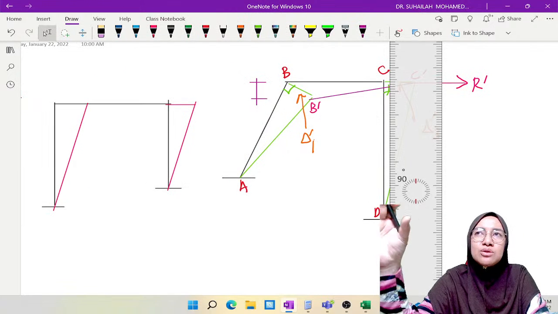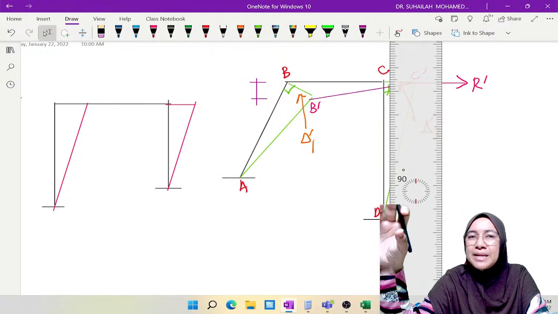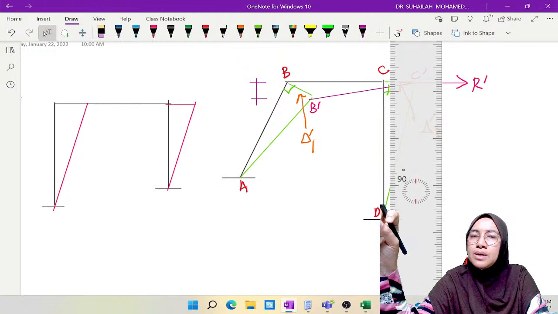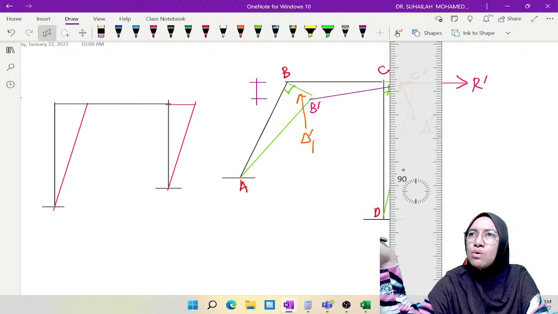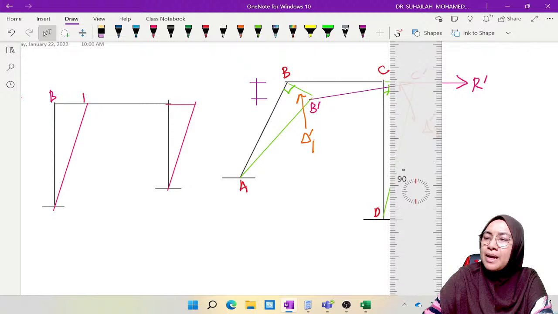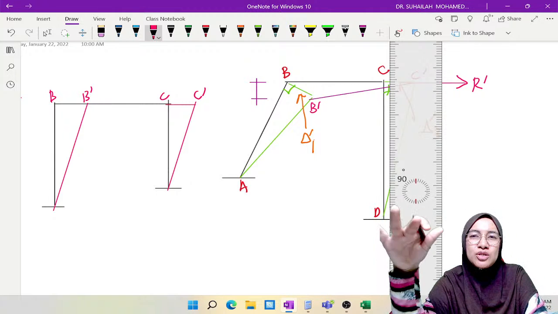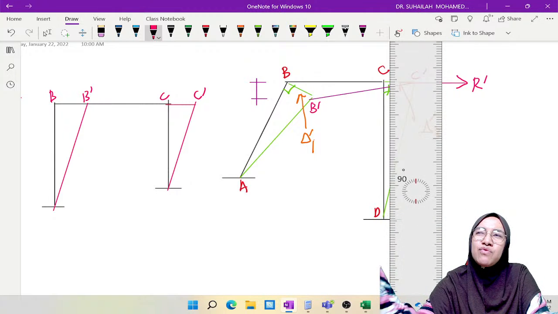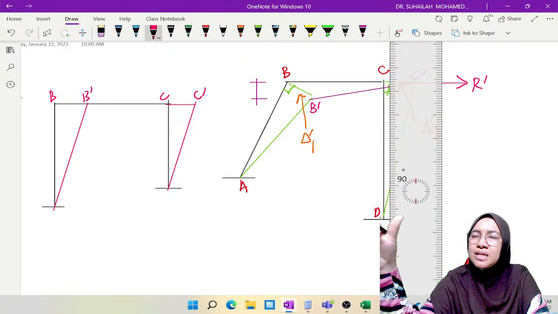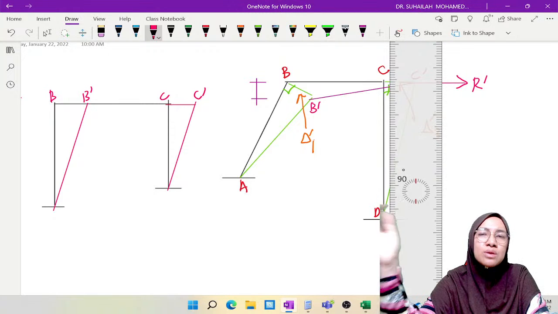Because there's no vertical displacement, BC follows the sideway. Because B to B prime and C to C prime move horizontally. When moving horizontally, there's no vertical displacement, because vertical displacement belongs to the beam. Because the beam is a horizontal member.